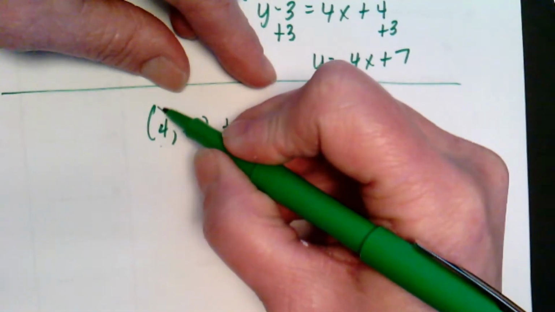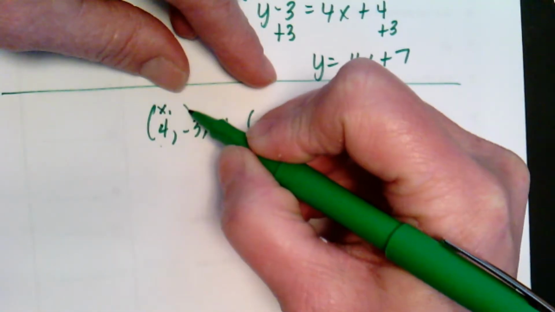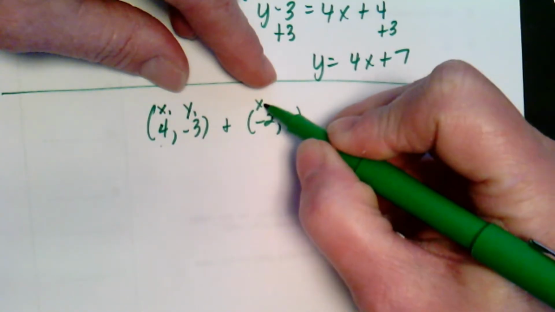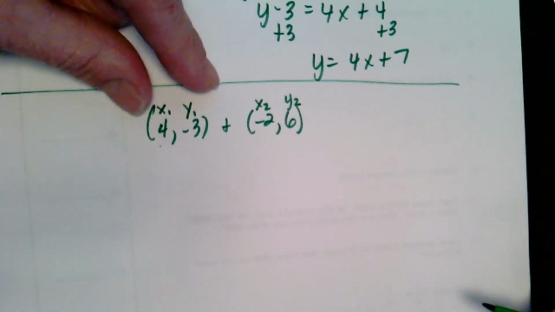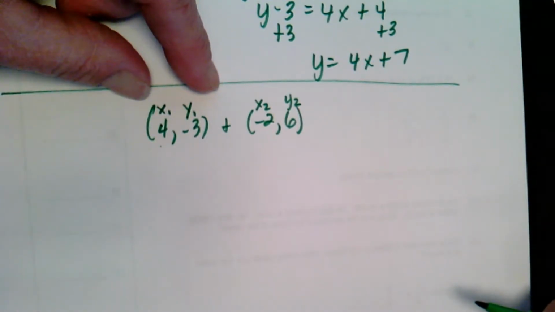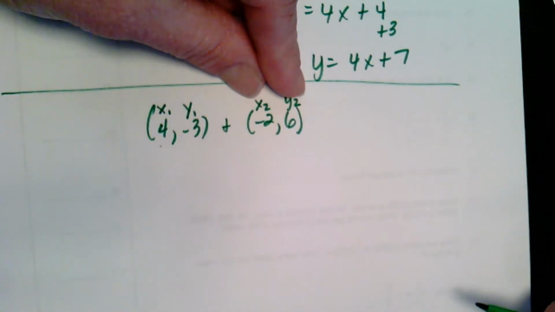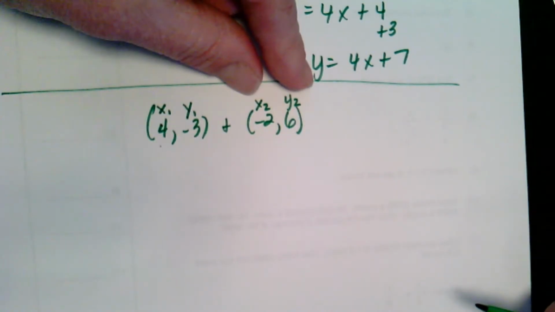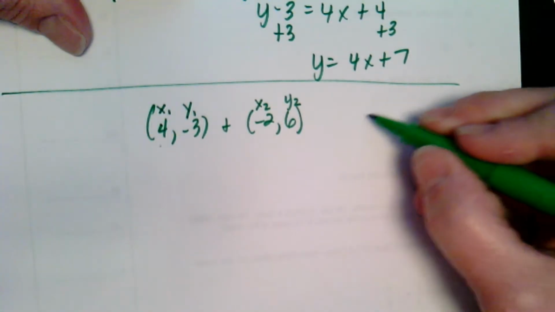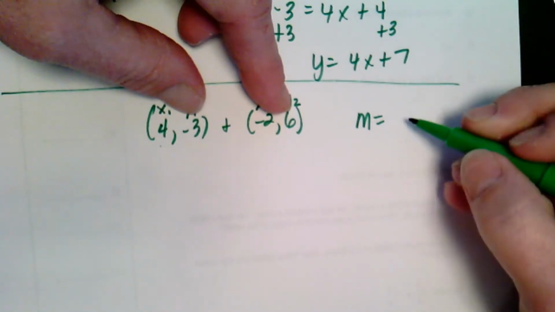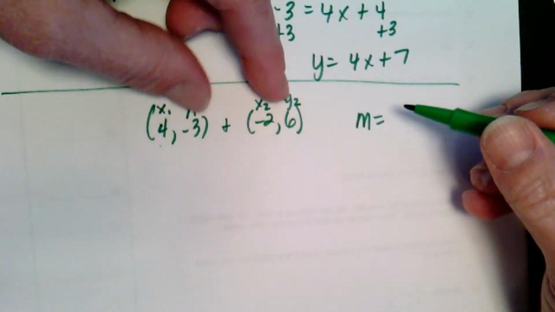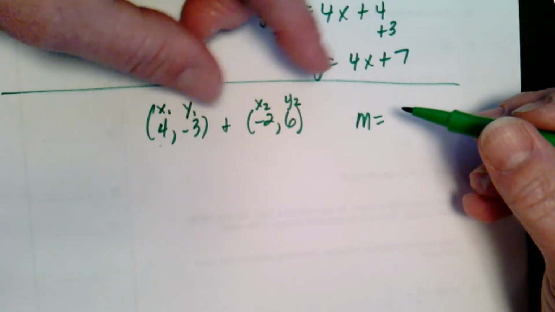And if you just remember this, so this is our first set of x and y, and this is our second set of x and y. So our formula is the change in y over the change in x, and it doesn't matter what order you subtract them in, as long as you're consistent.